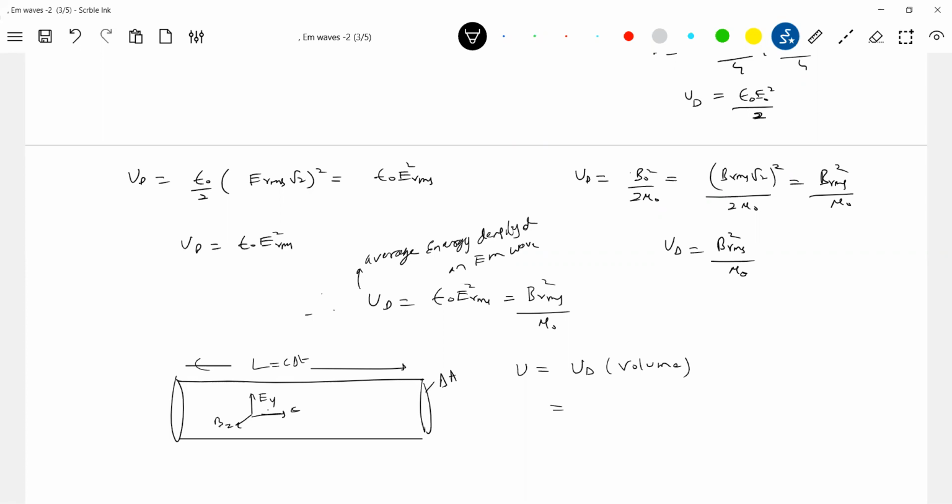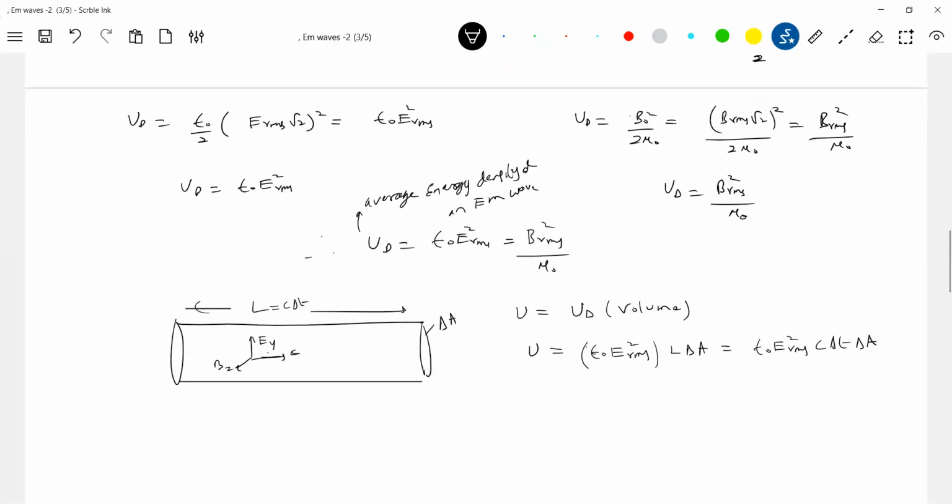Let me take E RMS, so epsilon naught E RMS squared. This is equal to, what is the length of the cylinder? L into delta A. So this is epsilon naught E RMS squared, and L is C delta T.